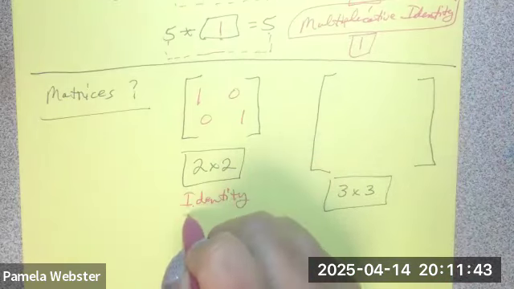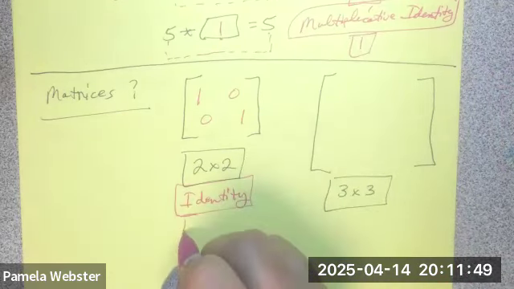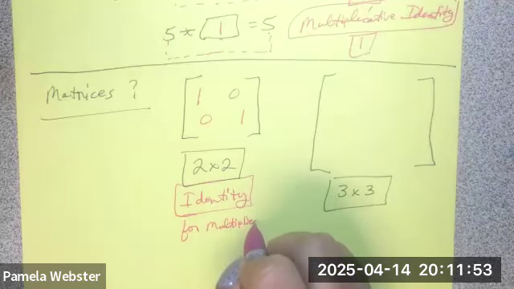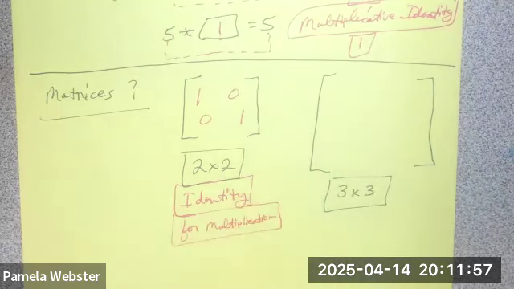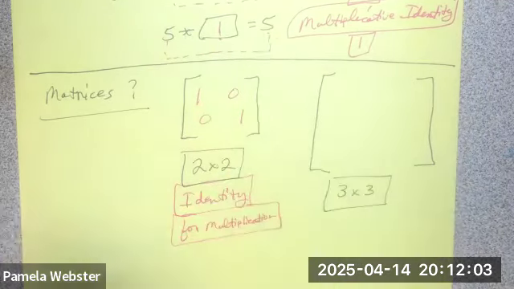Okay. So what we're going to see is when I go to multiply some 2 by 2 matrix by 1 0 0 1, I am going to get reflected back to me the original matrix. Okay, so that's what happens whenever I'm dealing with identities. We'll see one of those in just a second.